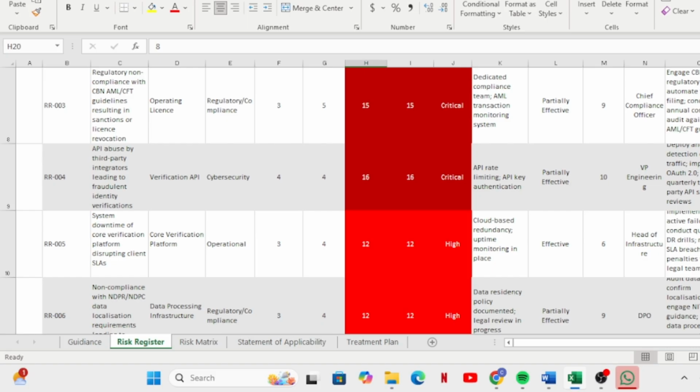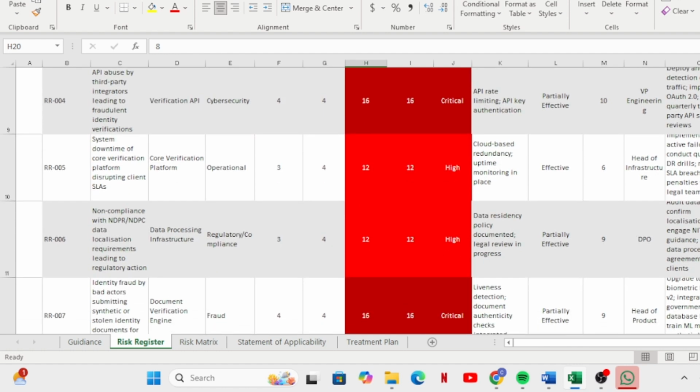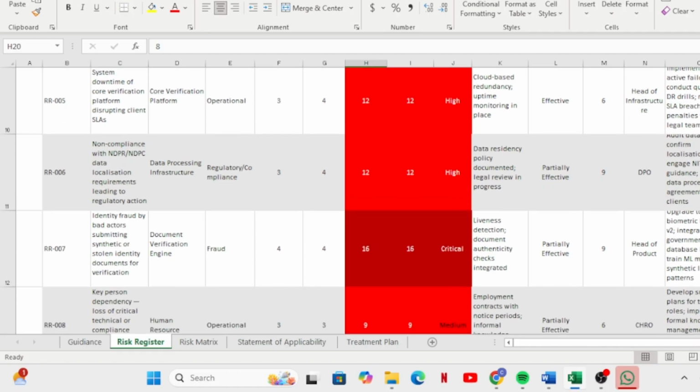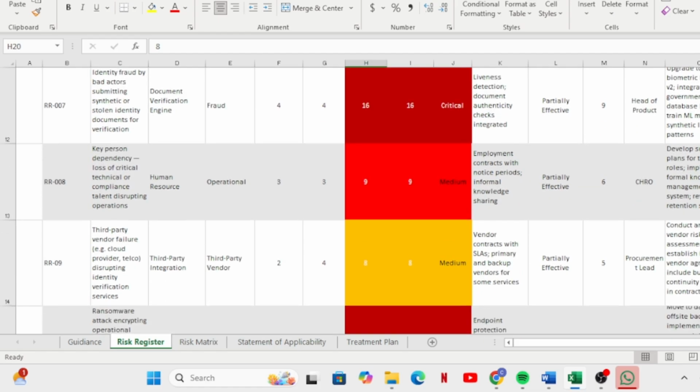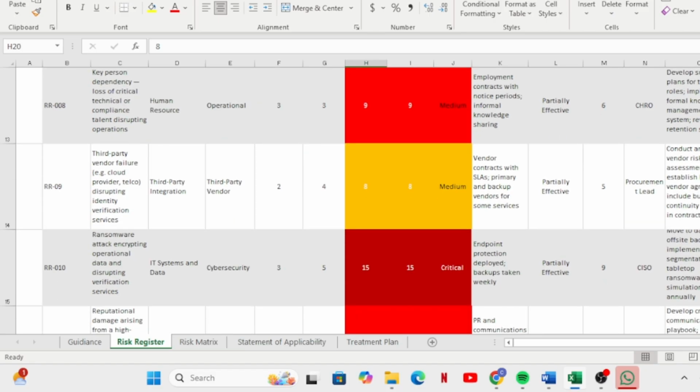We have the operating license, verification API, core verification platforms like the SLAs we use, data processing infrastructure, document verification engine, and human resources like the insider threats and staff. Third-party integrations are the people we assign jobs to, things the company cannot handle.